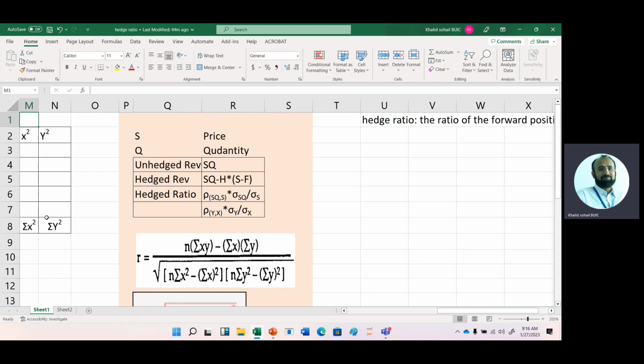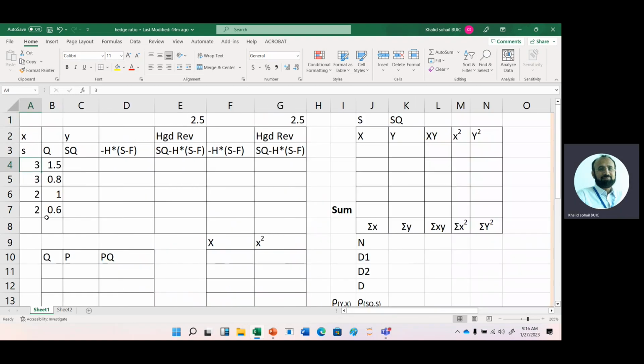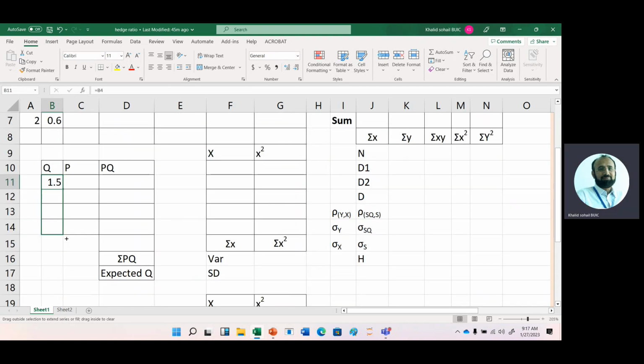We have the data. S, we have four different prices, and then we are producing quantity 1.5, 0.8, 1.6. Now all of these different quantities have an equal chance of occurrence. So we calculate average quantity with the help of probability because we have four quantities and each quantity has an equal chance.